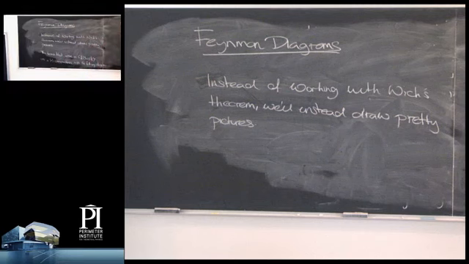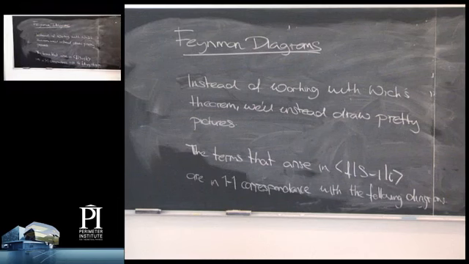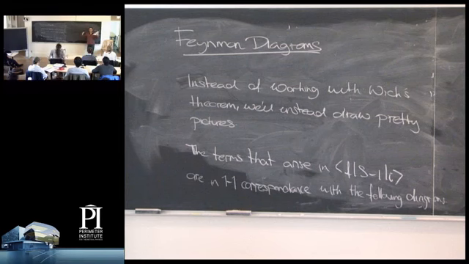The kind of process we're interested in is some number of particles in the initial state and some number of particles in the final state. So for every particle in the initial or final state, we're going to draw an external line, by which we mean a line that, if you like, you can draw out to infinity. So draw an external line for each particle in the initial and the final state.